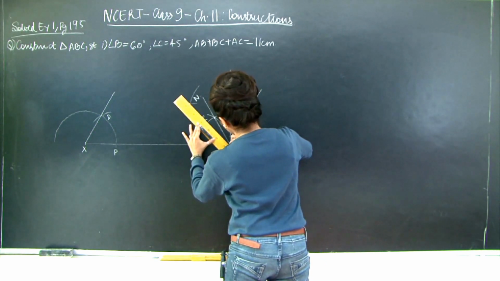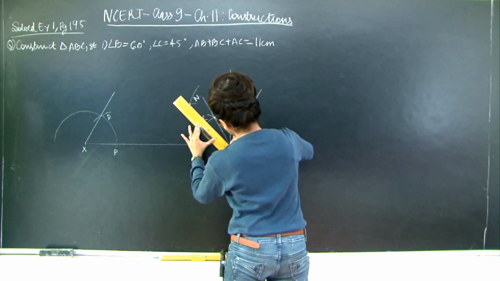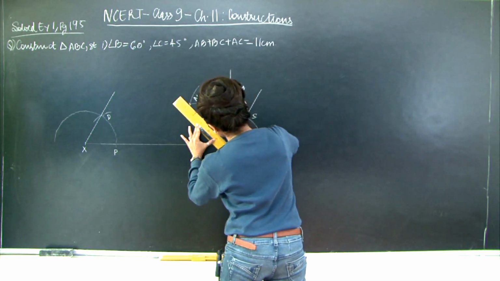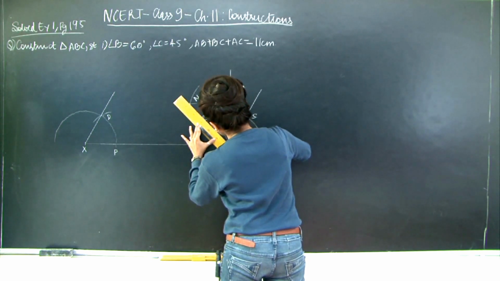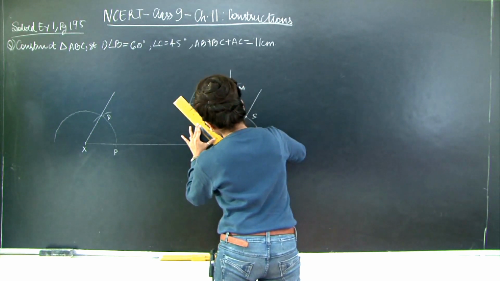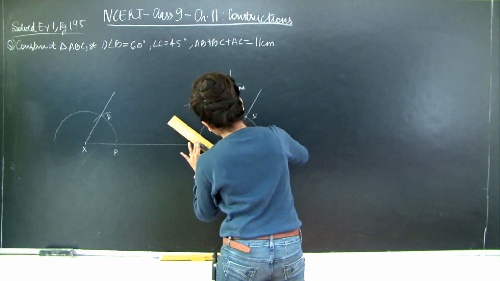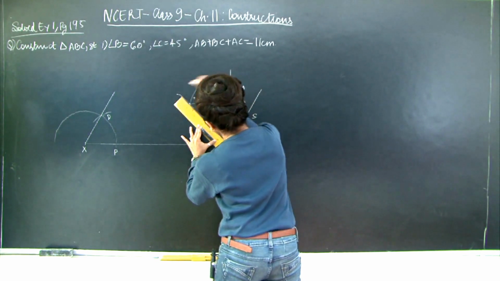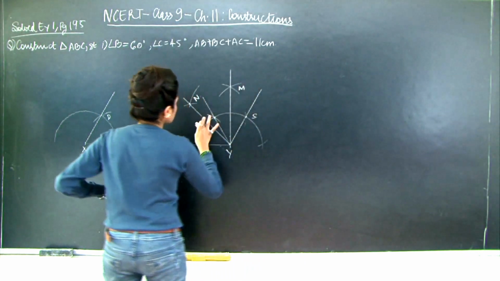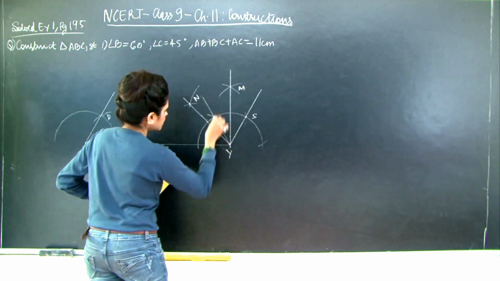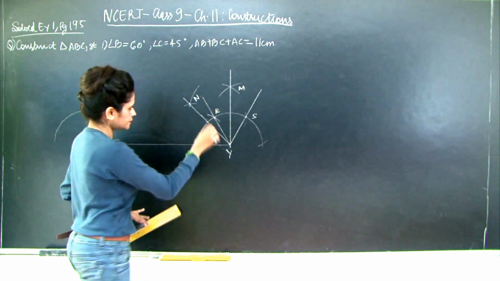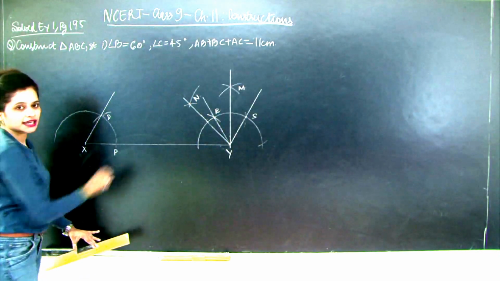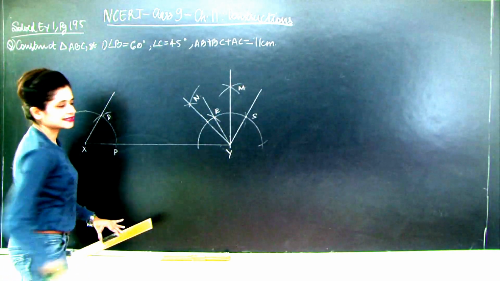So NYX is going to be 45 degrees. So just erasing this R over here and writing it out here. Okay, so your NYX is 45 degrees and you have DXP, or DXY, as 60 degrees.